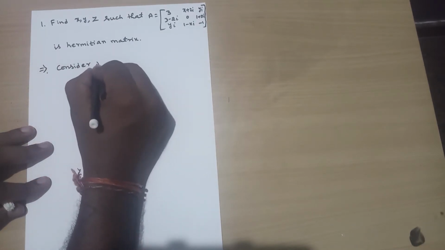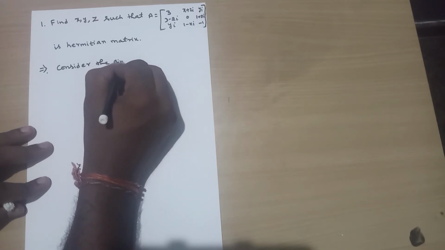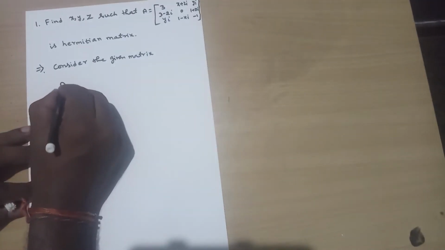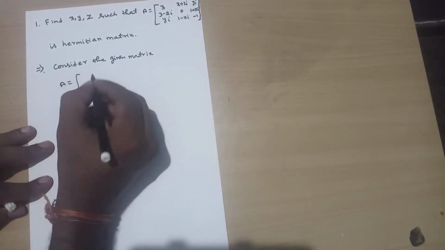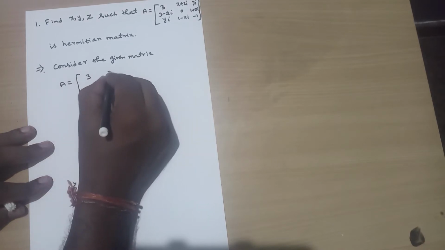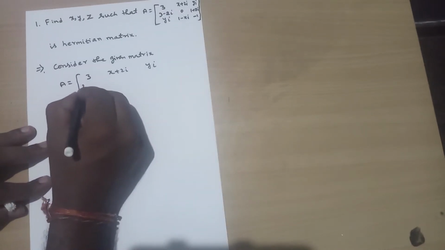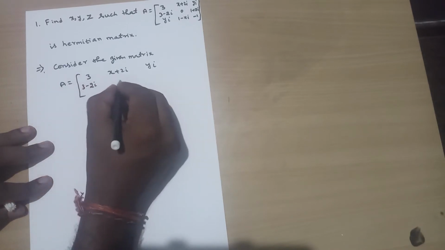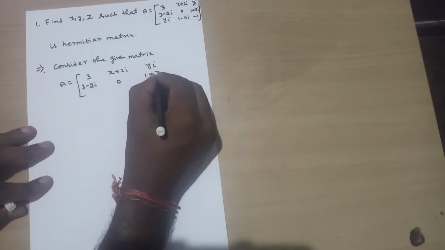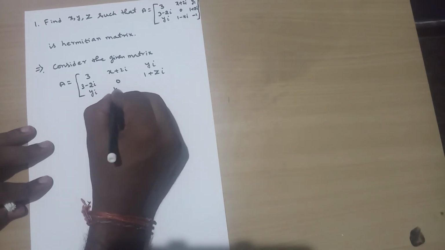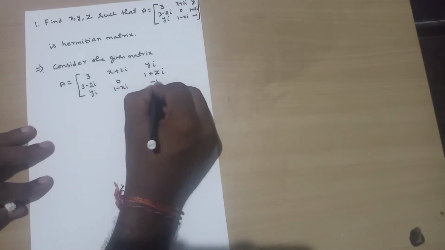Consider the given matrix A equals, so what I am given here: 3, x plus 2i, yi; 3 minus 2i, 0, 1 plus zi; yi, 1 minus xi, minus 1.